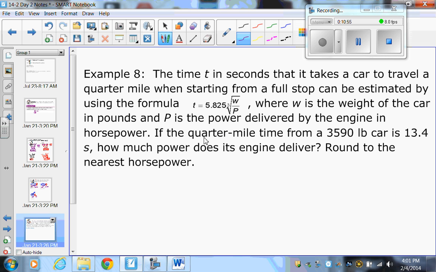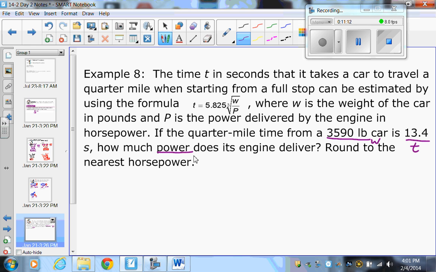So first things first, it says if a quarter mile time from a 3,590 pound car, so this is giving me a weight, is 13.4 seconds. This is giving me a time.